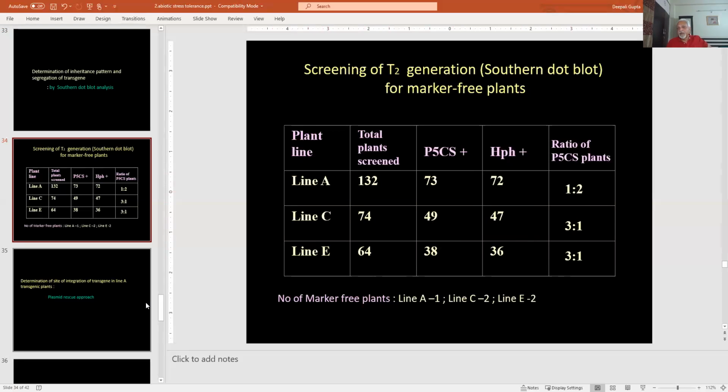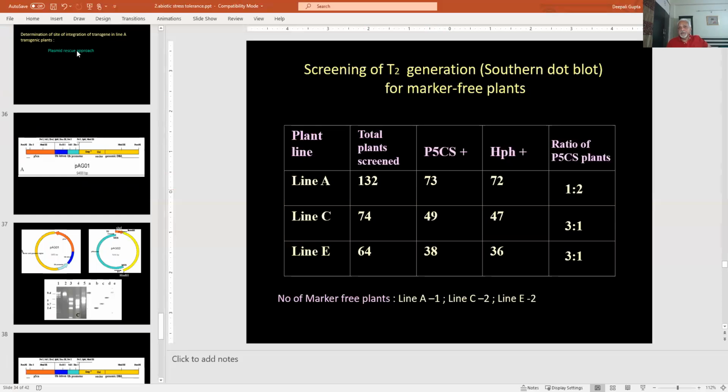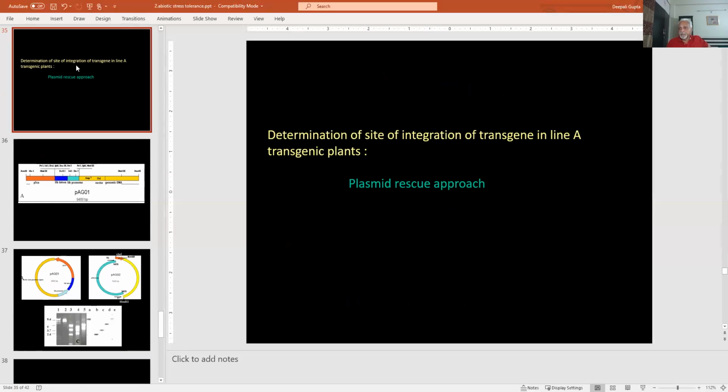Now, another question associated with the transgene integration: we want that this gene should not enter into a functional gene. If that happens, it is going to mutate that gene, and it can be counterproductive, in the sense that you may introduce a trait, but at the expense of the gene in between which the transgene is getting integrated.